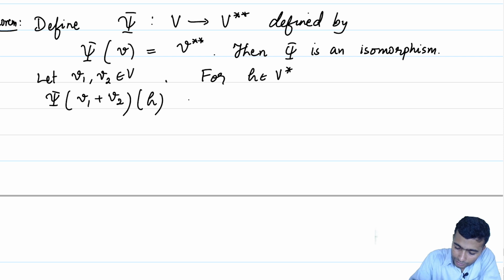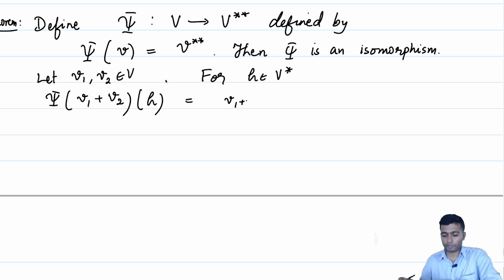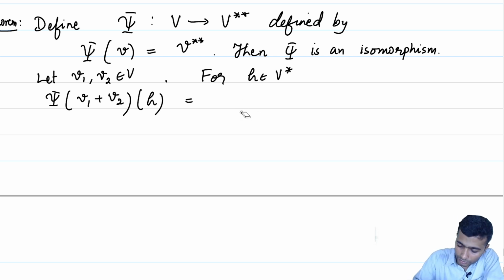So, this is by definition equal to V1 plus V2 star star of H, which is just H of V1 plus V2.